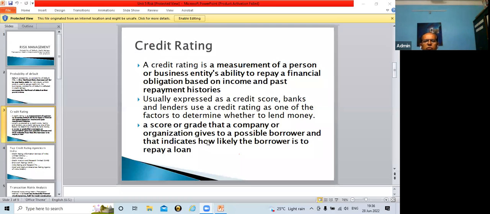So how many viewers are watching that particular channel, that number is counted, and on the basis of that count, whether that particular channel or episode is popular or not popular is indicated through this rating.